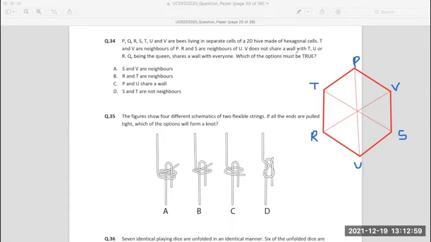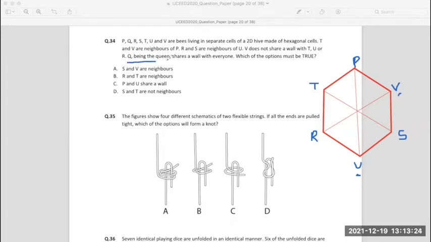V does not share a wall with T, U or R. U, which is this person, does not share a wall with T. V does not share a wall with T, U, and R.